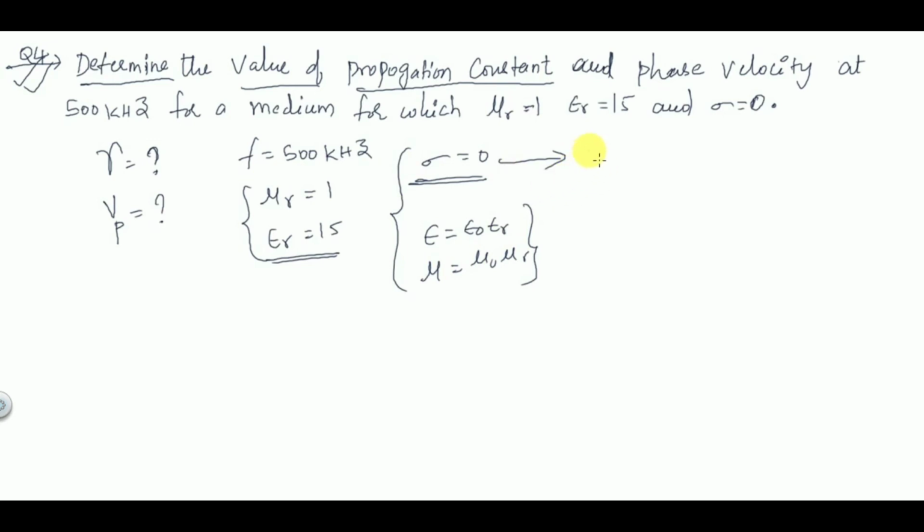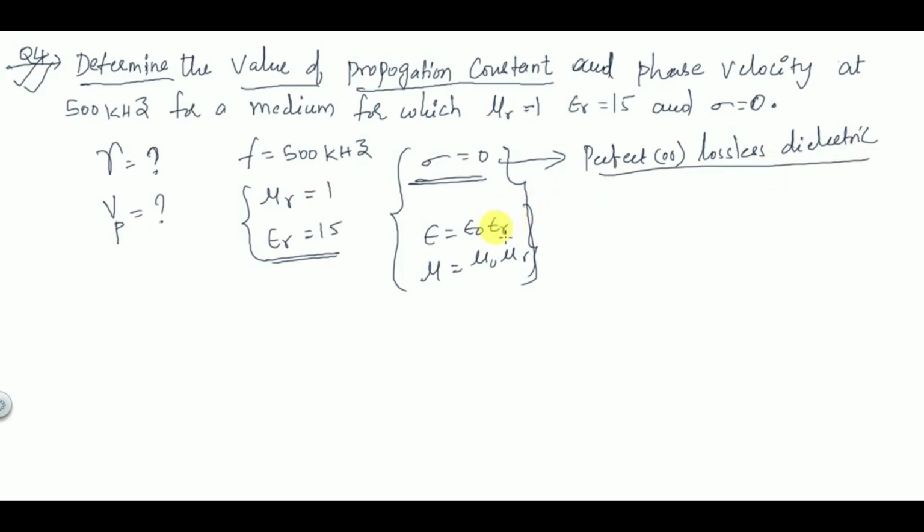Thus from the given data we can have the inference that the medium is perfect or lossless dielectric. Okay, so this inference we have got from the given data only.